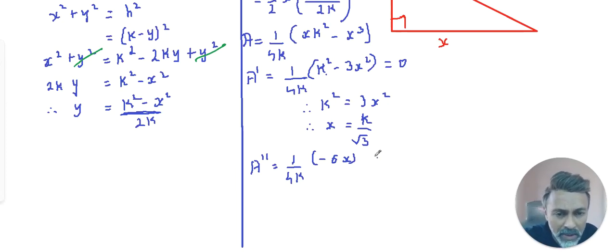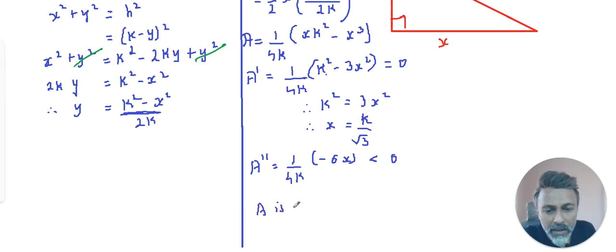So definitely the second derivative is less than 0. We conclude therefore A is greatest. So area will be greatest when x is k upon root 3.